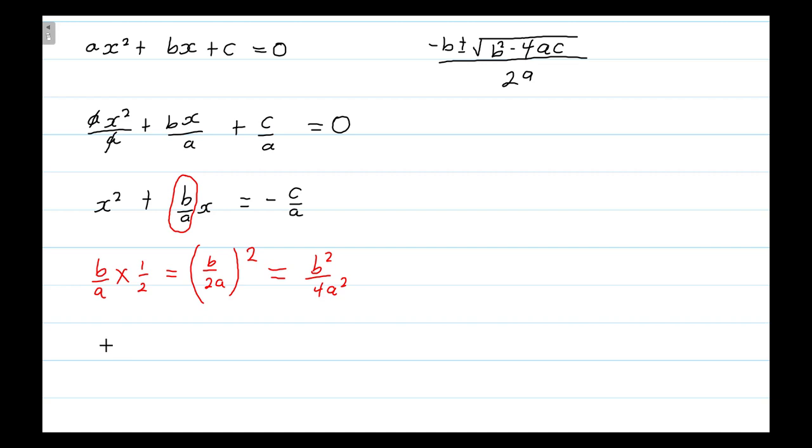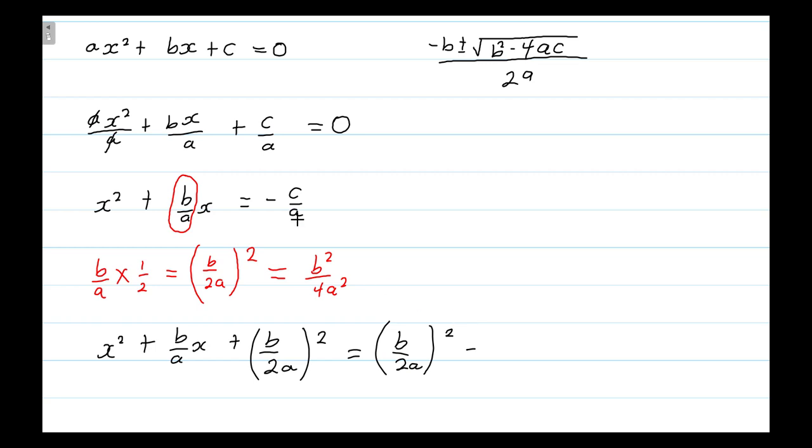From here we have x squared plus b over ax plus b over 2a all square equals b over 2a all square minus c over a.